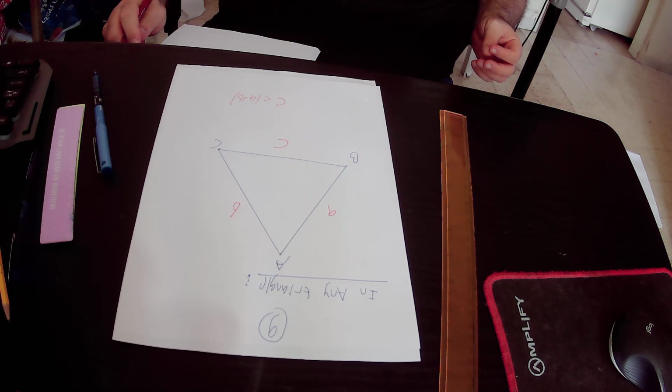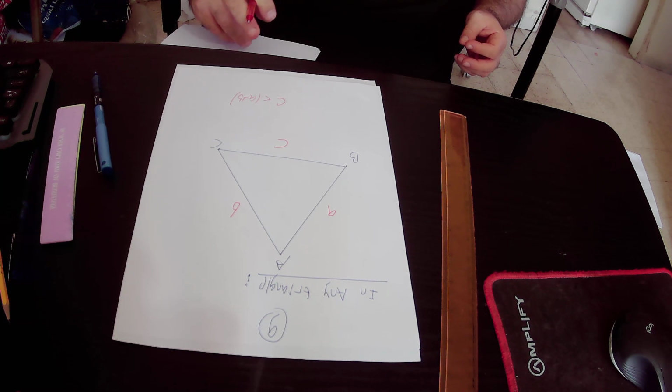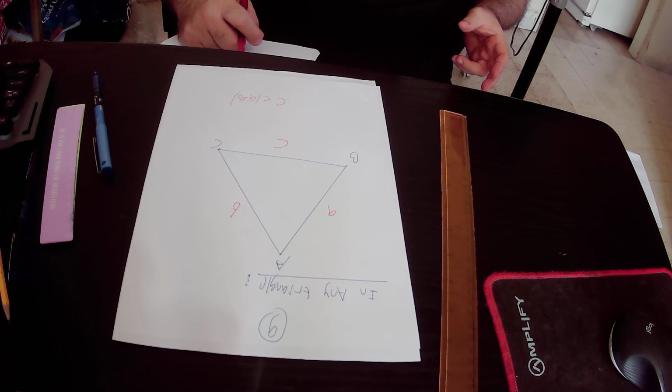And the second thing this rule states is that the difference between two sides in any triangle will always be smaller than the length of the third side.